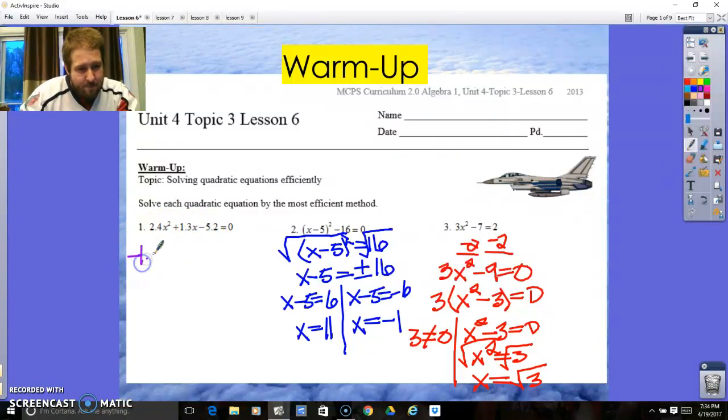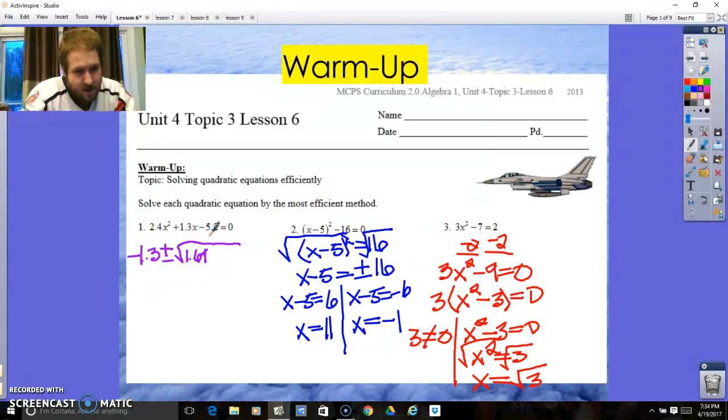So the opposite of b plus or minus the square root of b squared, well, 1.3 times itself is going to be 1, oh, that's not right, 1.3 times 1.3 gives me 1.69. And then I'm going to do the negative 4 times a times c.